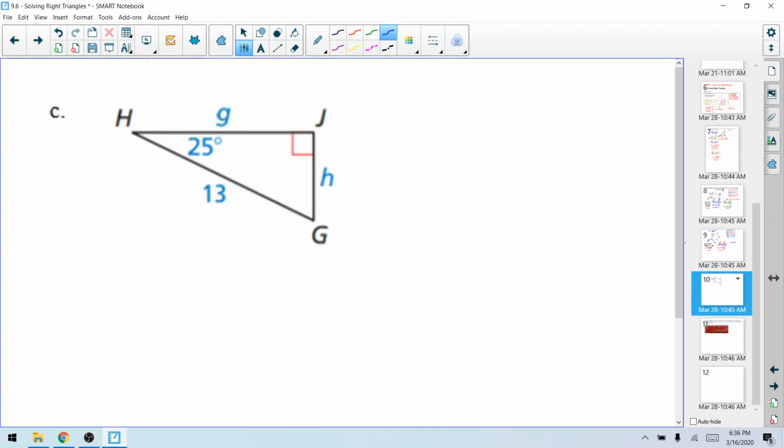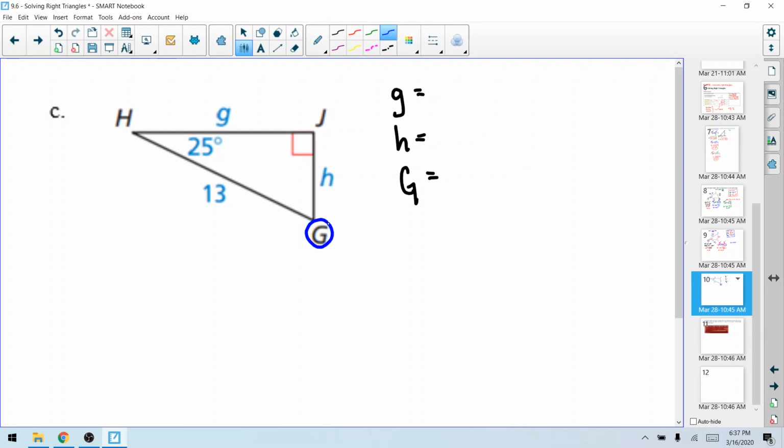One more, letter C. If we take a look at this one, all the missing sides, all the missing angles, it looks like we're going to need to find side little g, side little h, and big angle G. Think about that for a minute. The first thing sticking out in my head is right here.